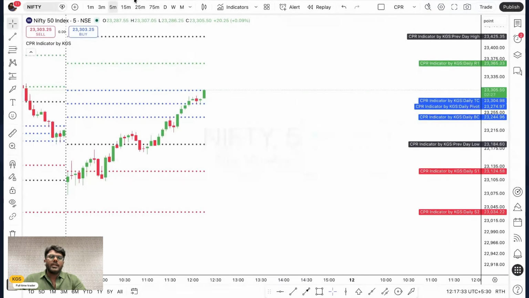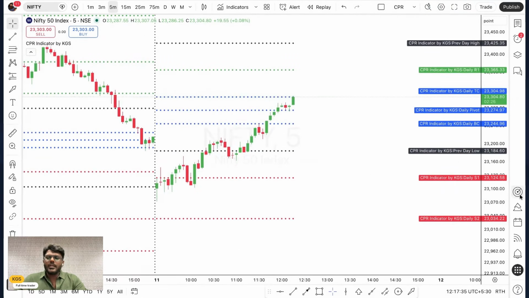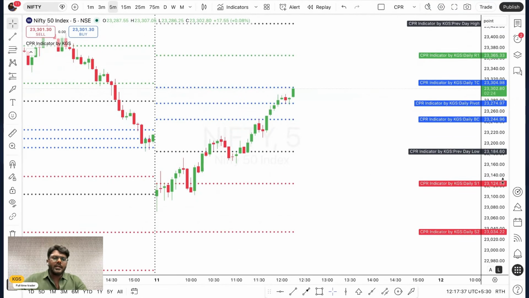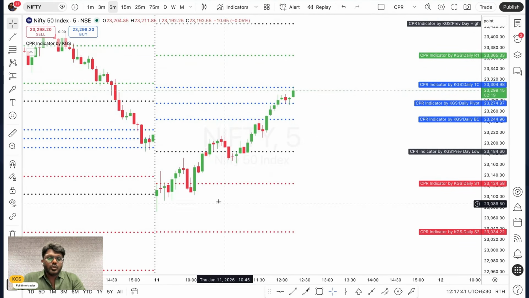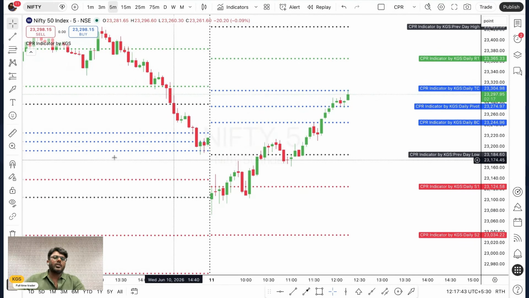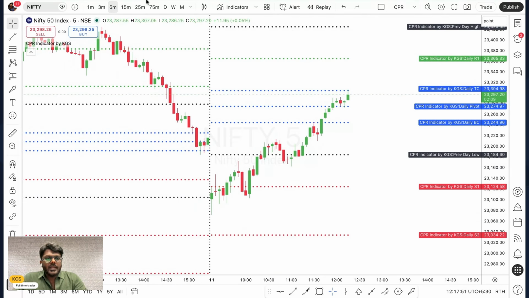Very well, you can see over here, today the CPR is wider compared with yesterday's CPR. Yesterday on June 10th, the CPR is somewhat medium, but compared with yesterday's CPR, today it is obviously a wide CPR. So this is how you use the CPR indicator calculator.